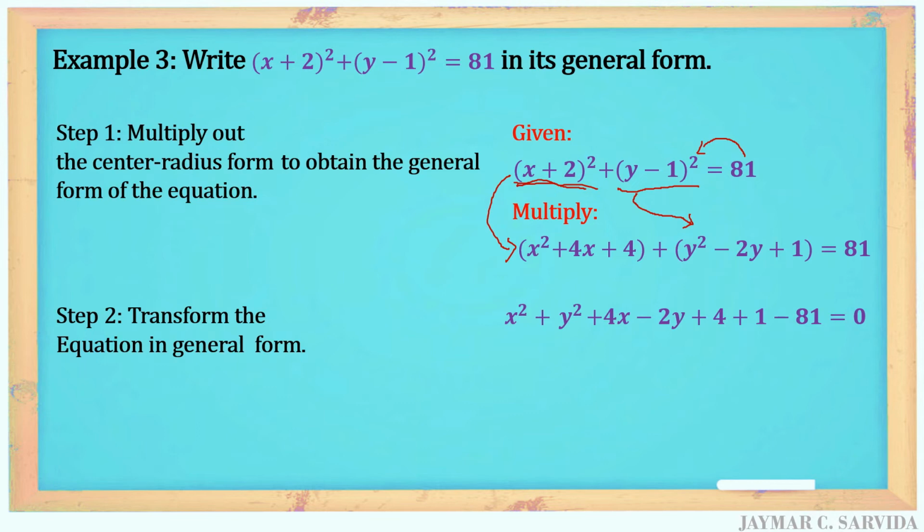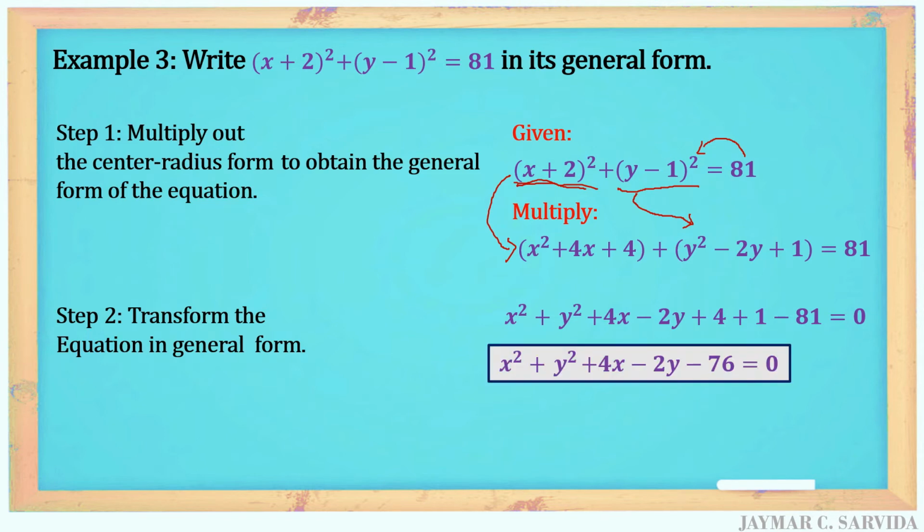Then, the final result is x squared plus y squared plus 4x minus 2y minus 76 equals 0. Itong negative 76 na yan is the result of 4 plus 1 minus 81.